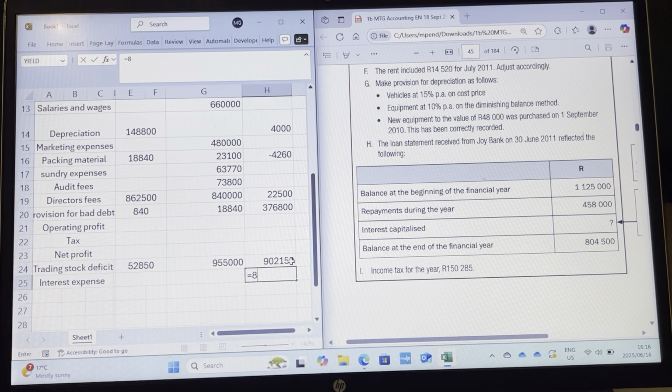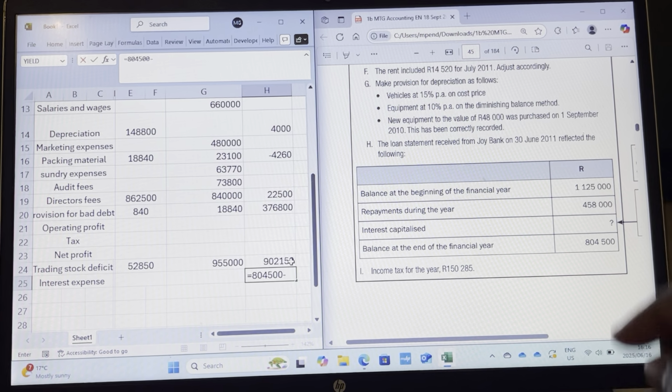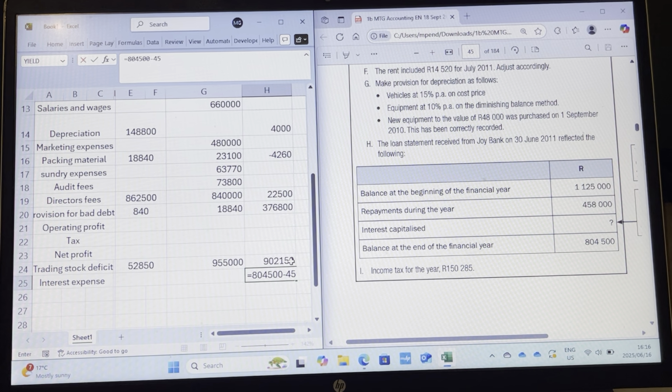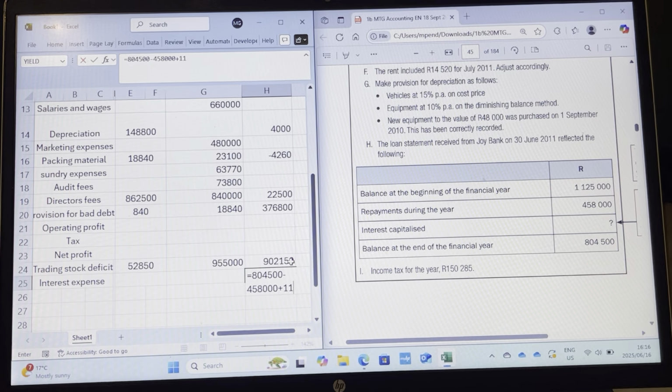We're going to say 804,500 less, this was added, so less 458,000, plus 1,125,000.